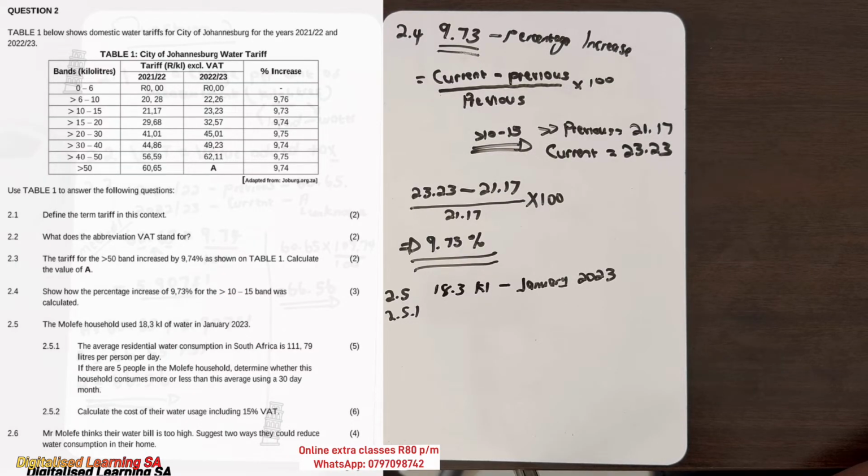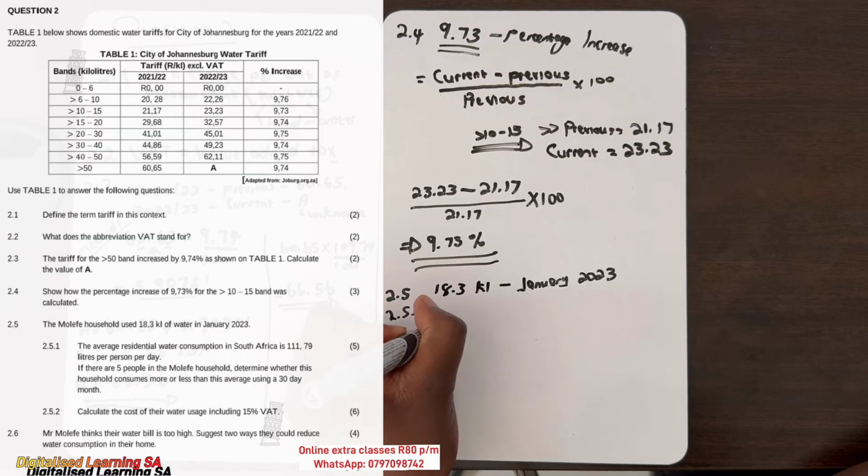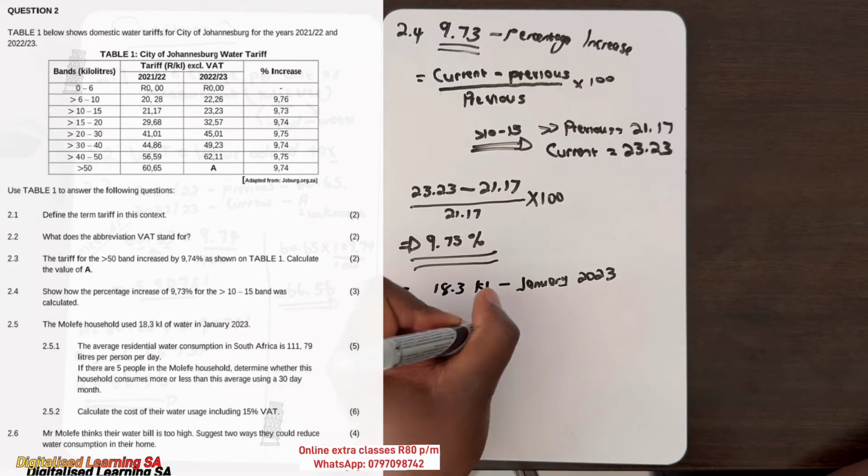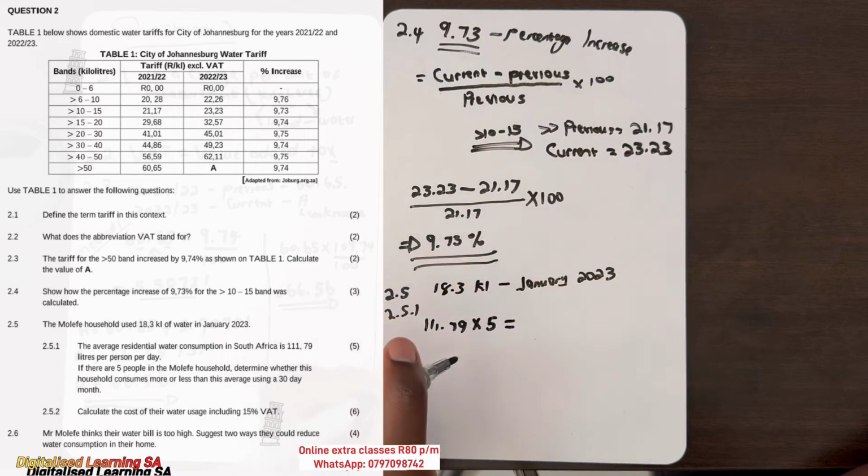So to do this, we need to take the 111.79 liters and multiply by 5 people. Remember, we are told that we are assuming this household has 5 people.